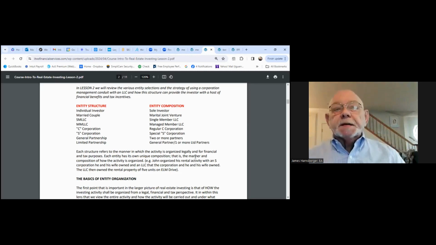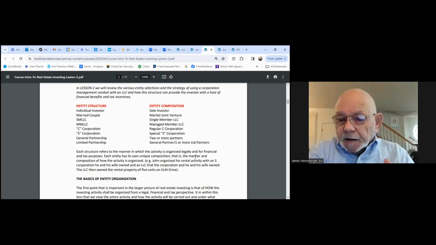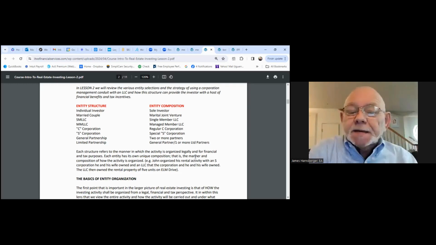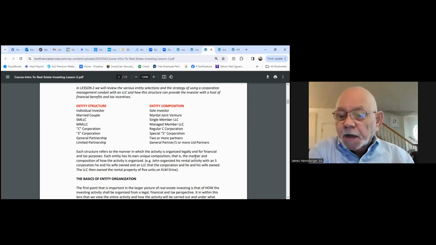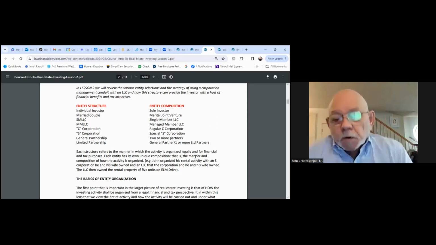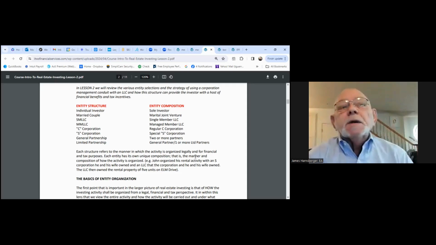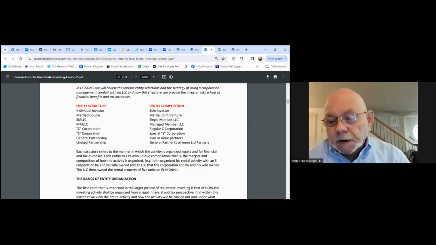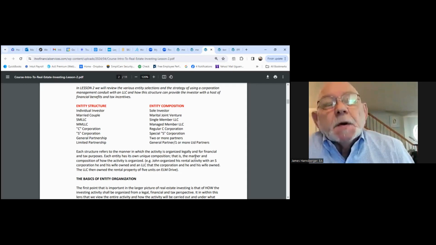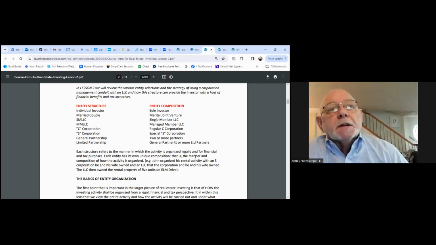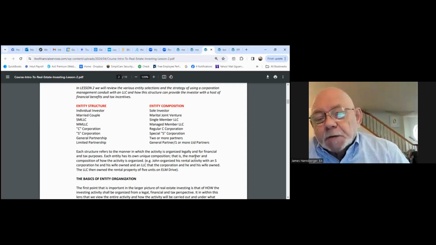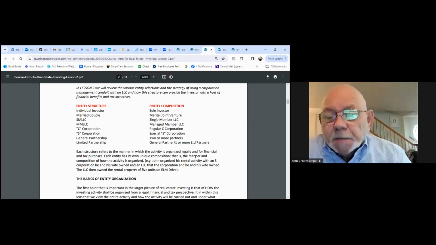And we've been very successful over the years because we understand that how we set that transaction or that investment up really is going to decide not only the holding period, but how much we're going to be able to keep of that investment. And at the end of the day, it's really not as important how much money you make as it is how much of that money you made that you get to keep.